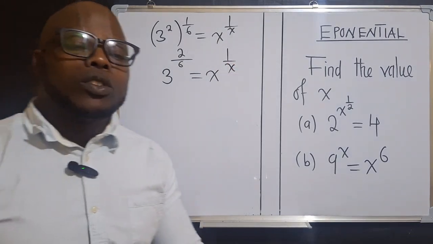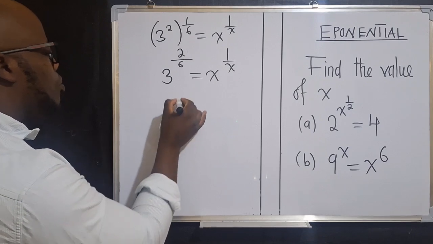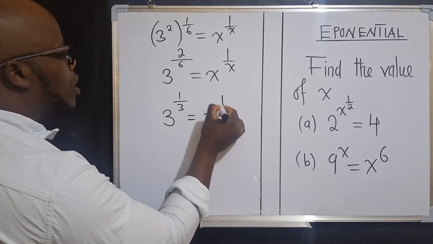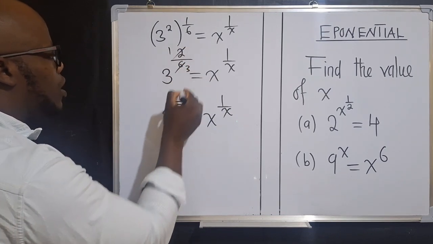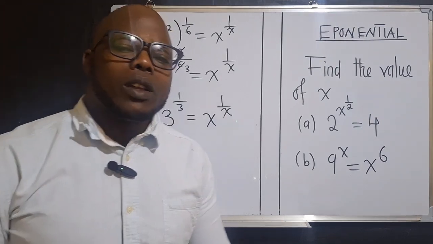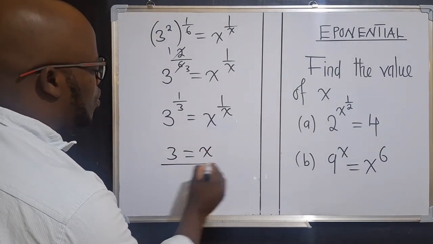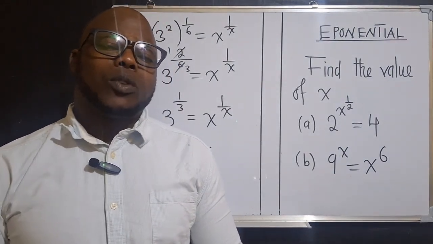You see, it's almost giving us the answer. So we can say 3 power 1 over 3 is equal to x power 1 over x. So 2 into 2 is 1, into 6 it's 3. So I've got 1 over 3, which is right here. Therefore, we can simply say 3 is equal to x. So the value of x is equal to what? To 3.